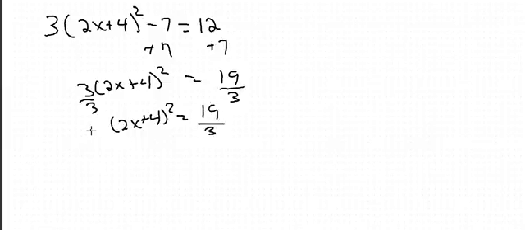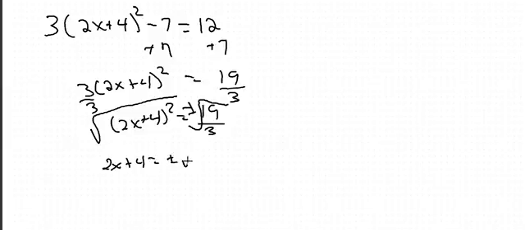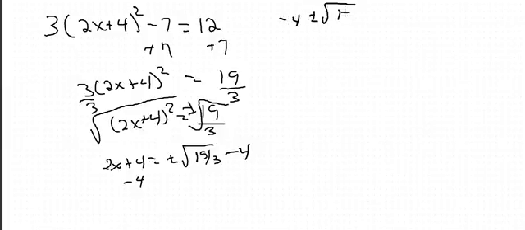Then square root both sides. So 2x plus 4 equals plus or minus square root of 19 over 3. Then you would subtract the 4. This would be minus 4 plus or minus square root of 19 over 3 equals 2x. Then you divide by the 2.